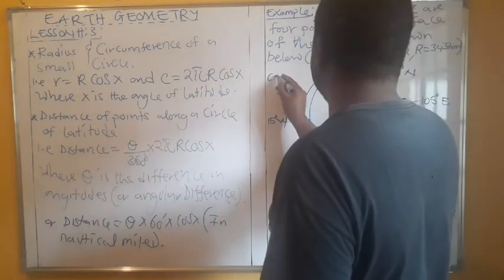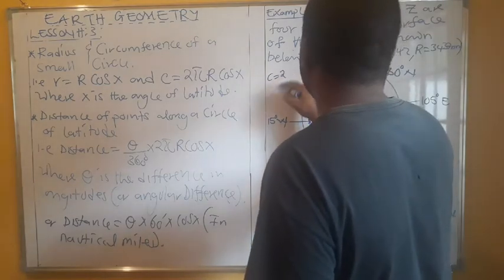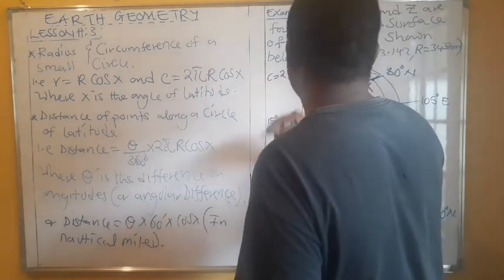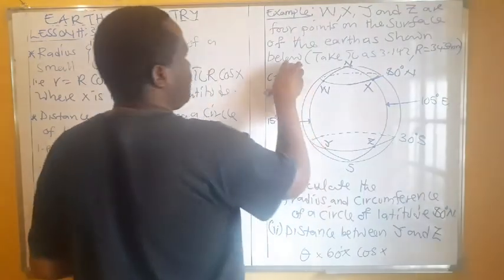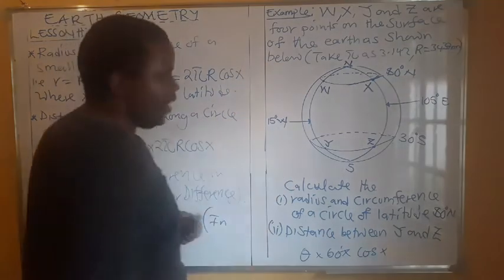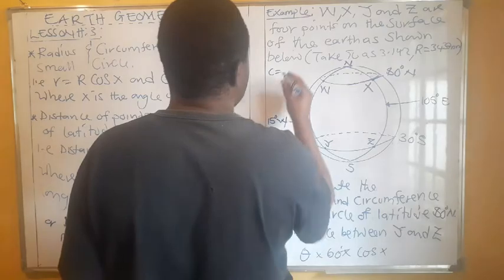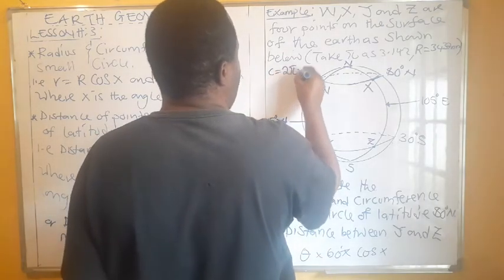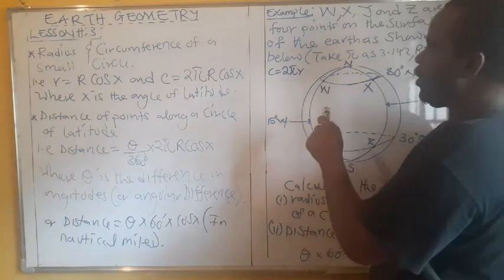Now, if you want to find the circumference, we are saying the circumference is given by 2 pi r, or pi d.